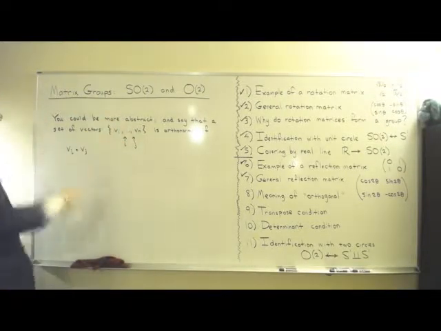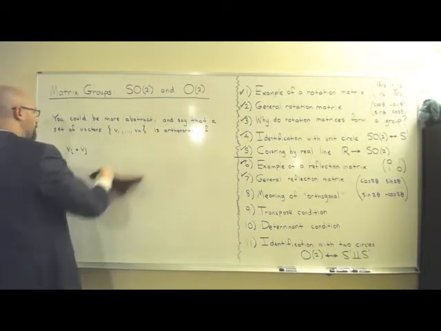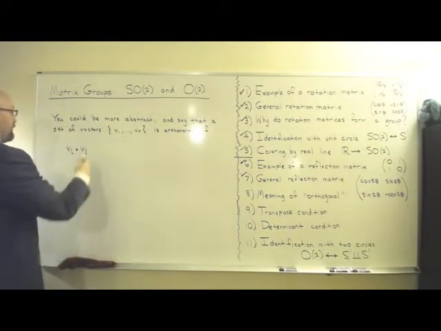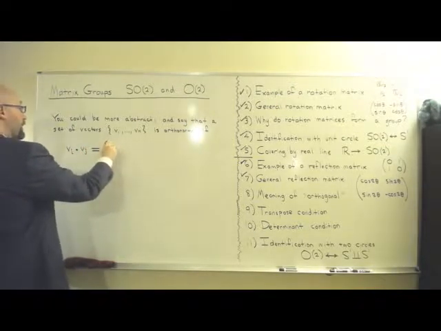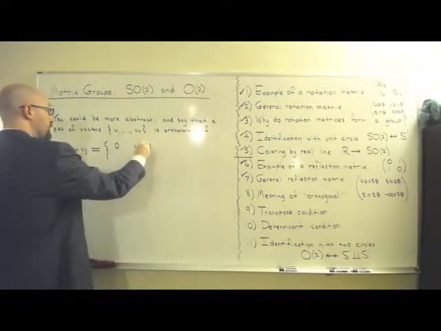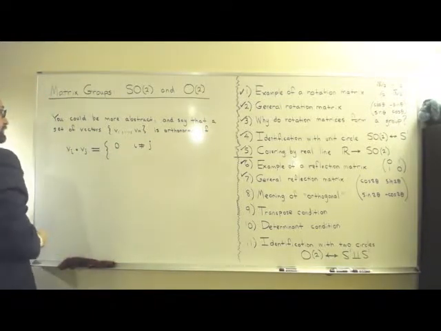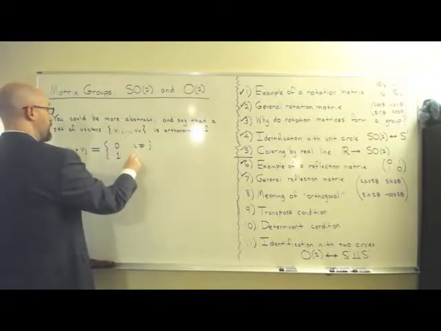And i doesn't have to be less than j, but it doesn't really matter. In any case, if I take the dot product of these two, it's one of two things. If i is not equal to j, then it's just going to be 0. And if i is equal to j, then it's going to be 1.